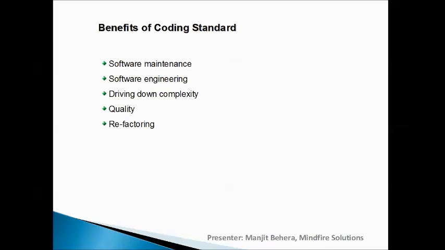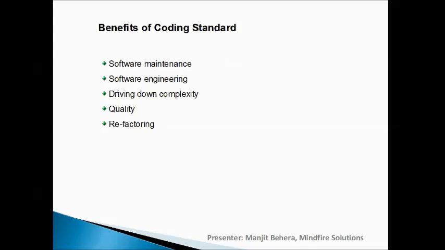If we have a good coding standard, the output of that development must be a quality product. So to increase quality, to have better quality, we must follow the coding standard. If we are following the coding standard, then no doubt we are generating a good quality application.